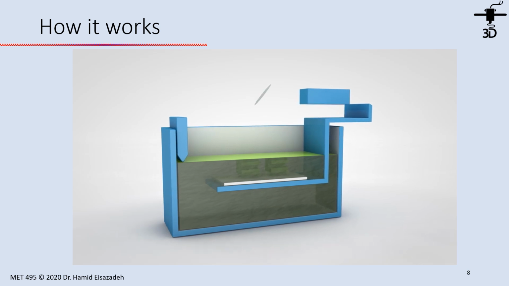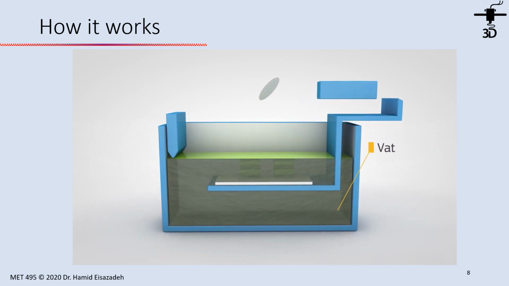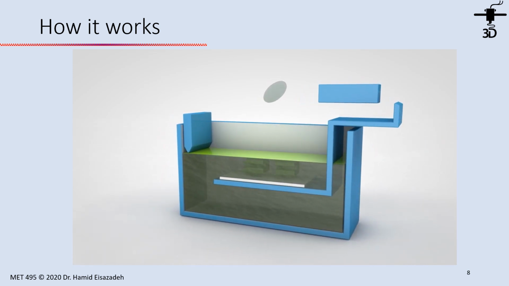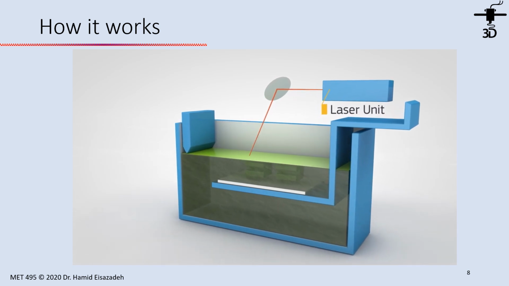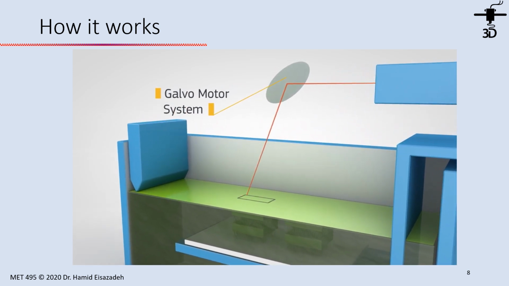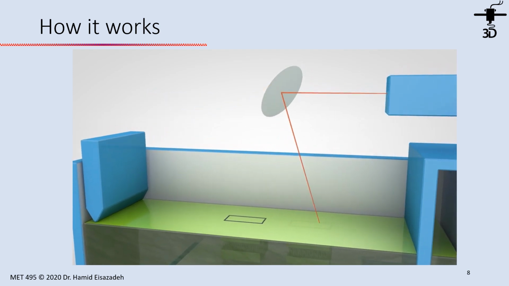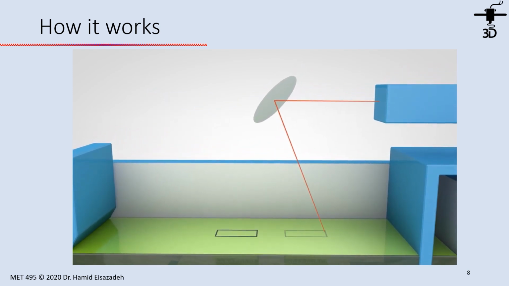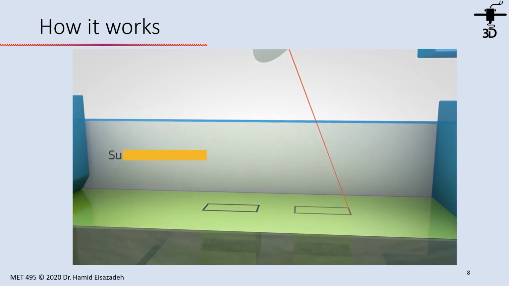One of the really important steps is support removal. And here is the question: what is the difference between SLA and extrusion AM in terms of support removal?